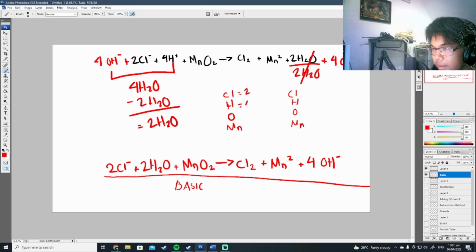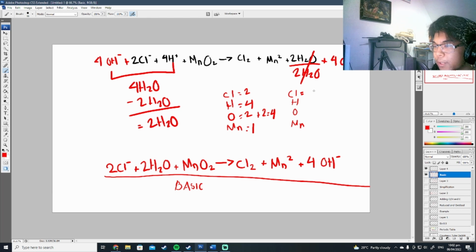Hydrogen on this side, 4, so you have 4 here. Oxygen on this side, here we have 2, and on the other side, we have another 2. So plus 2, we have 4 in total. And we only have 1 manganese.